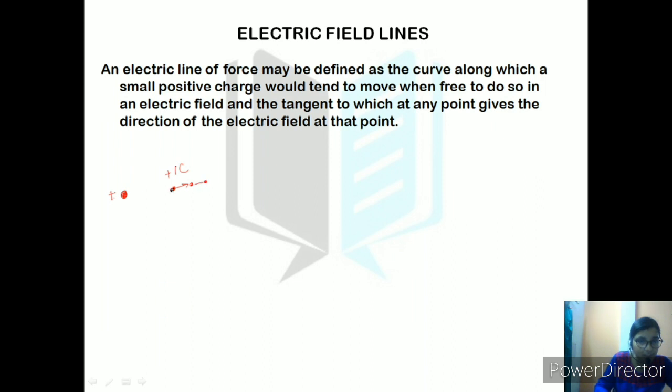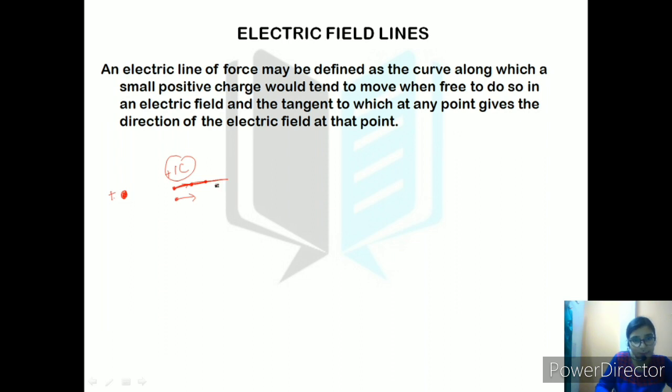That means it will move along some path due to this force, electrostatic force of repulsion. Okay, this curve along which this unit positive charge is trying to move, it is tending to move. Even if it is at rest, kept here, it will try to move in this direction. Okay, so it will tend to move along some direction along a curve.